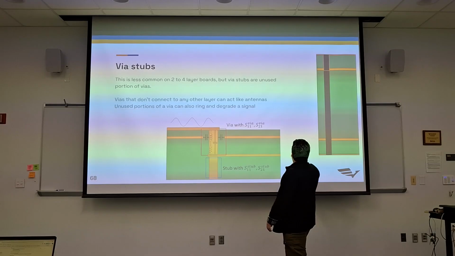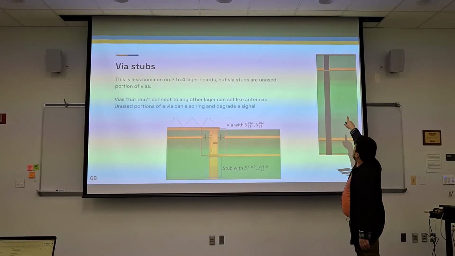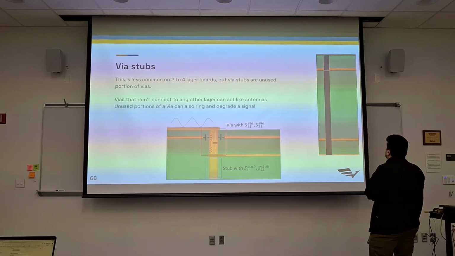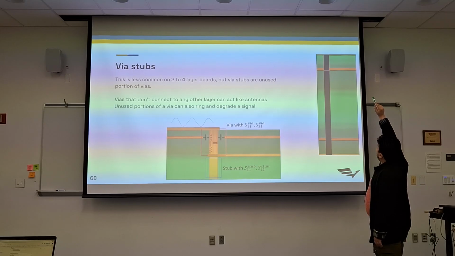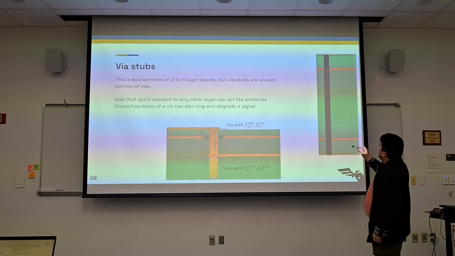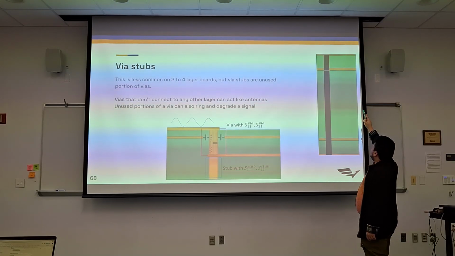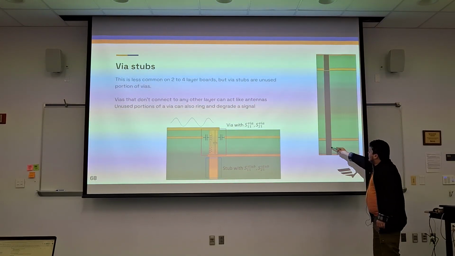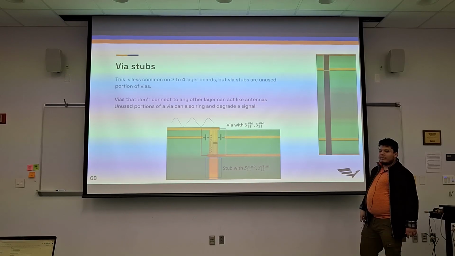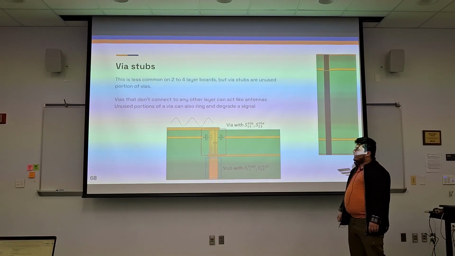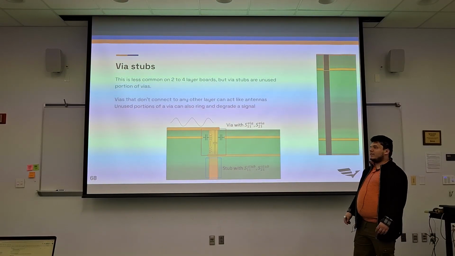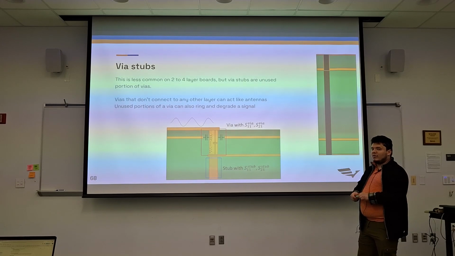And so, for example, on this stack up over here, we have a through-hole via, but for whatever reason, we're only making a connection from layer 1 to layer 2. That means we have this massive stub, roughly about 47 mils of a stub. That is an antenna, and that is going to bring in a lot of noise.